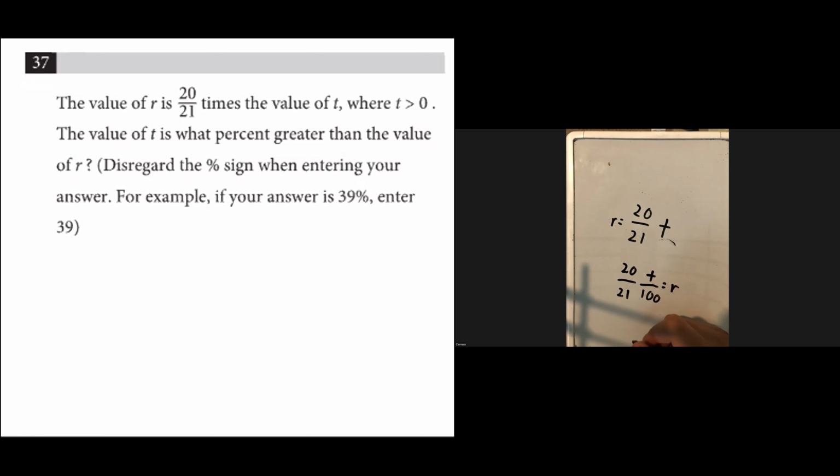Which if we put that in, we get 5%. So for this one, the answer would be 5. The main thing we have to do is convert the T into a percentage, and then we just multiply out.